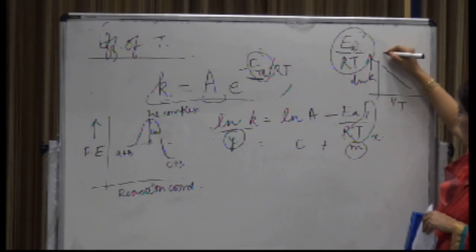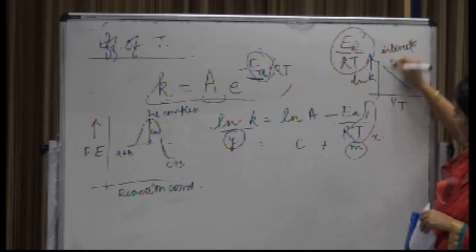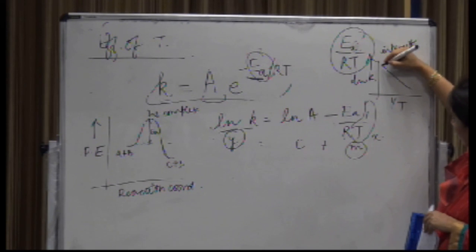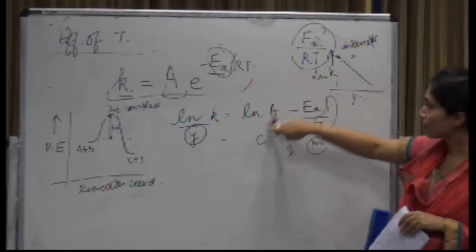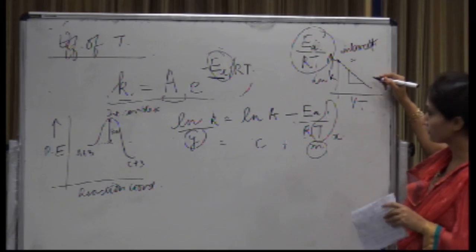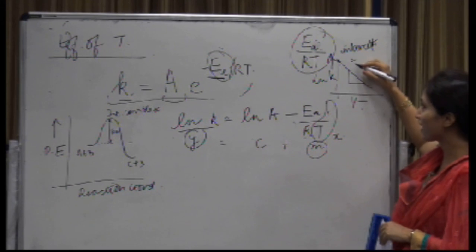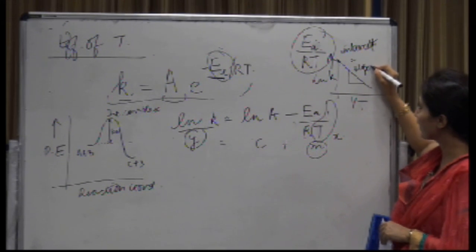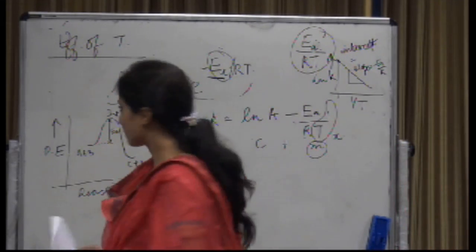Now from here you can easily say that the intercept, that is c, will be equal to ln A. So if we back extrapolate, whatever ln k value is here will be equal to ln A. And the slope, you know how to find the slope? y2 minus y1 upon x2 minus x1. So the slope here will be equal to minus EA by R. Okay? All of you know this. Nothing special that we've done.